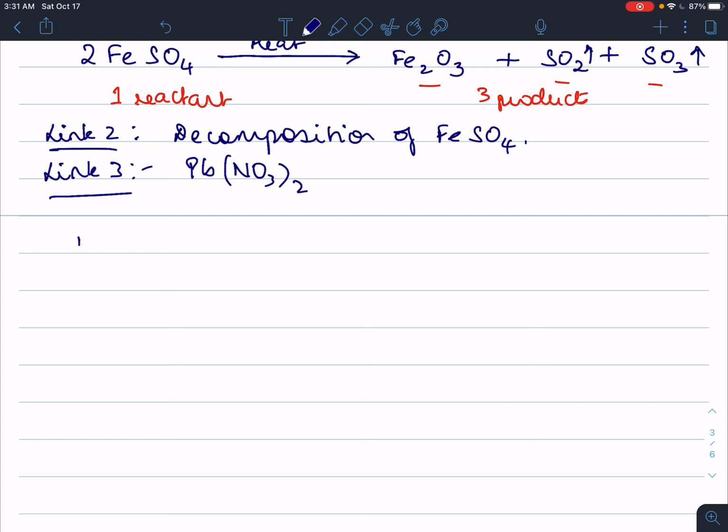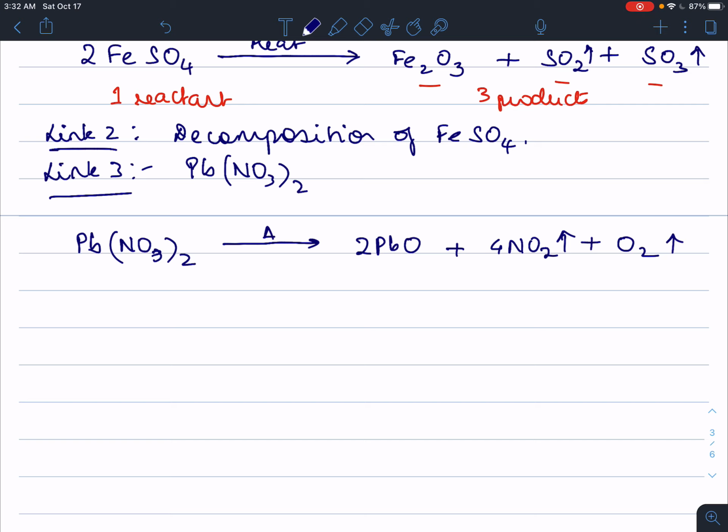How does that happen? Pb(NO3)2. When you heat, you get 2 PbO plus 4 NO2 plus O2. Now these two are gases, and this is your balanced equation.